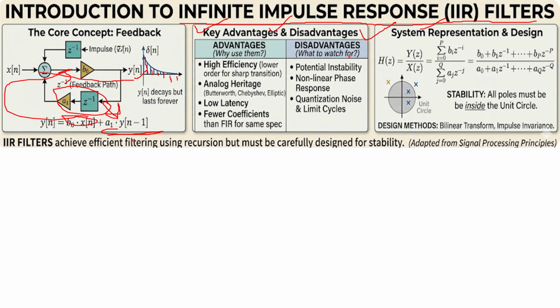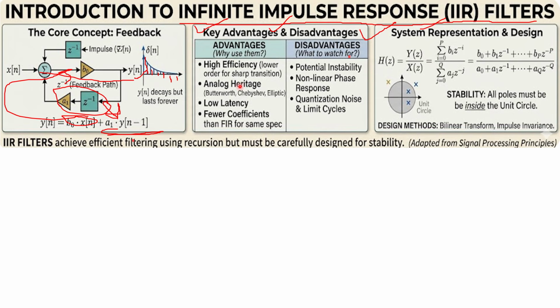So y[n] will be the addition of both, the present plus the past. So this is the infinite impulse response. If it depends only on the present, that is the finite impulse response, FIR. In the previous sessions, we have already discussed the FIR. In this session, we are going to talk about the IIR, right?